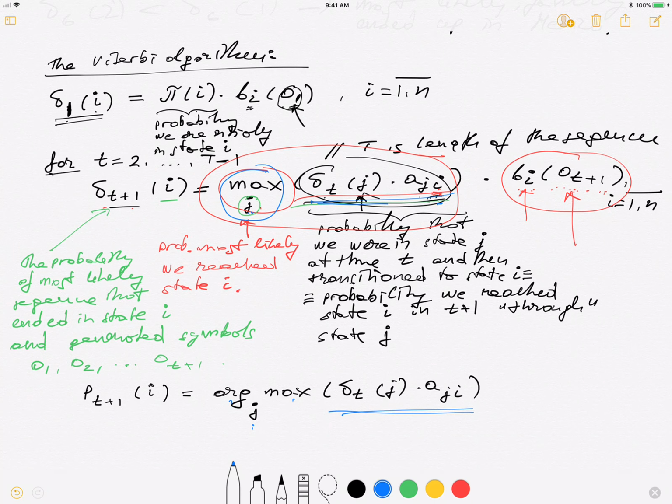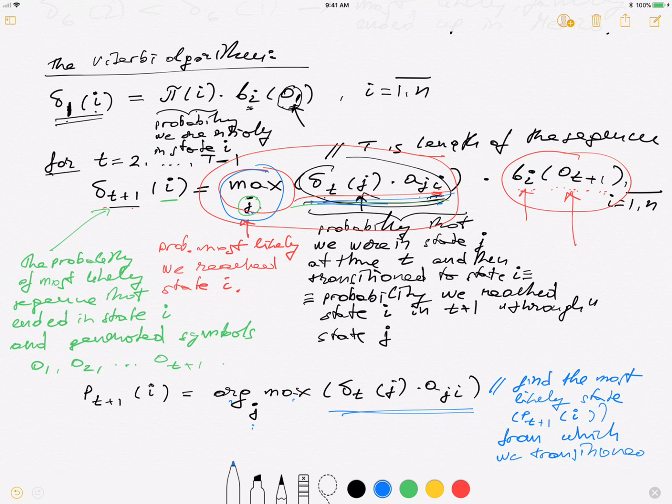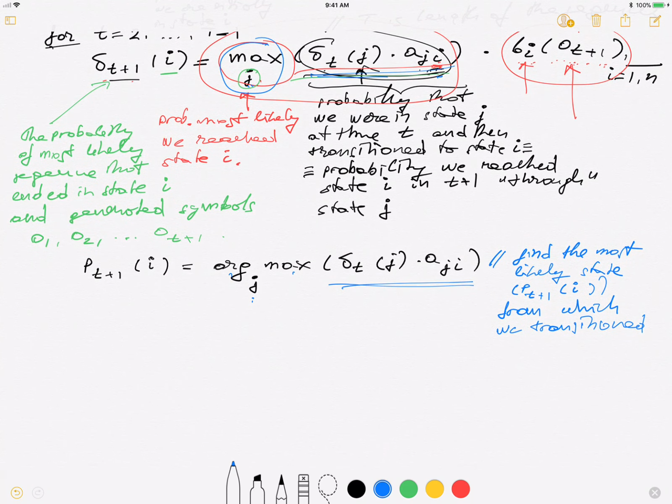In other words, what does this really mean? This really means find the most likely state, and that most likely state is denoted as p t plus 1 of I, that is the state from which we transition to state I at time t plus 1.